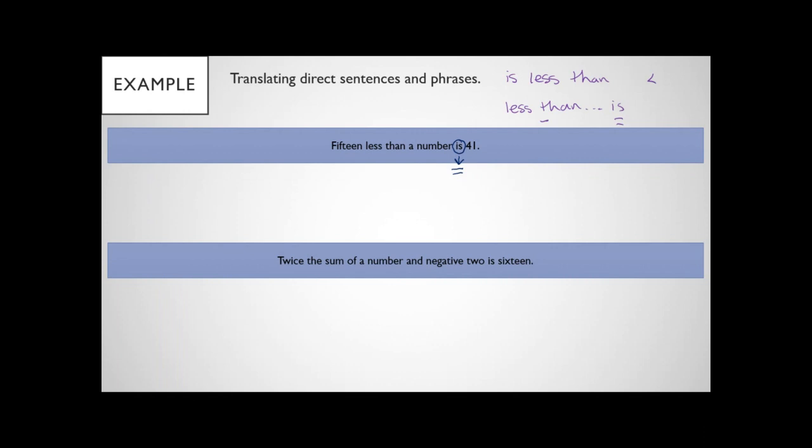You got to look for where the is is located. So because we have less than and it is separate from the equal sign, that means we're going to be subtracting. And I said that we're always going to do subtraction with adding a negative.